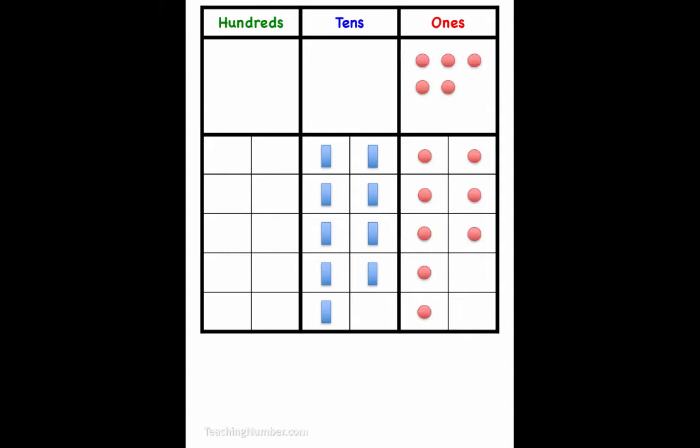In this example, we have 9 10s and 8 1s in the 10-frame, and 5 loose ones. We are modeling the addition problem 98 plus 5. We can add 2 of the loose ones to the 10-frame to make 10.